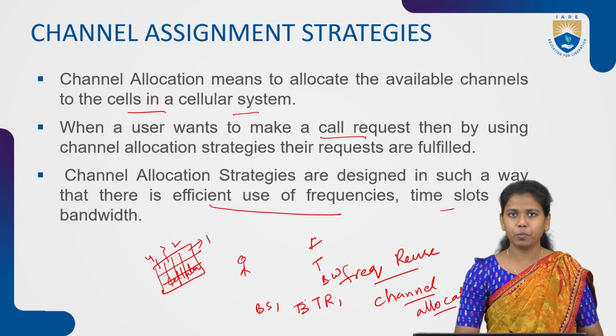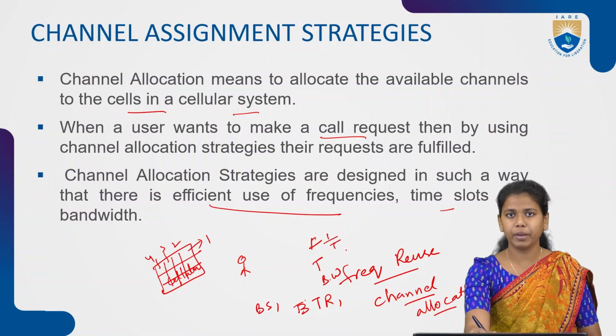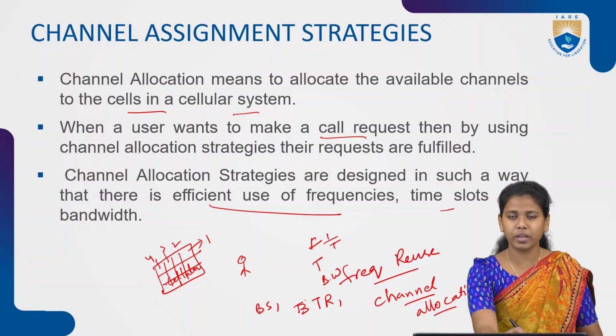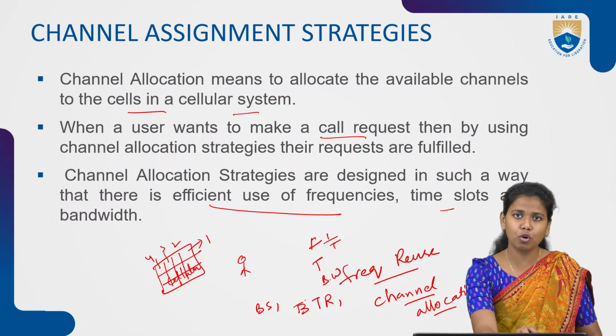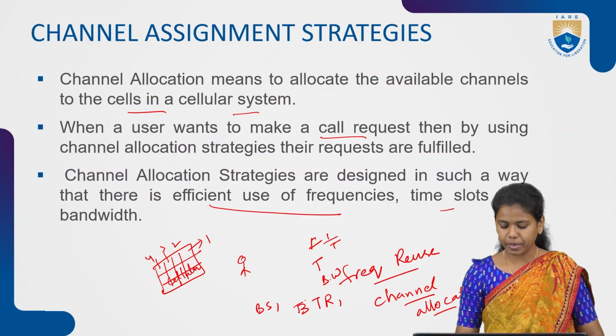We know frequency is nothing but 1 upon the time period. To have better communication, the channel allocation should be made in such a way that the switching of calls is done in a better way.